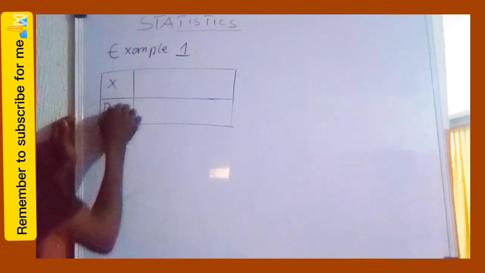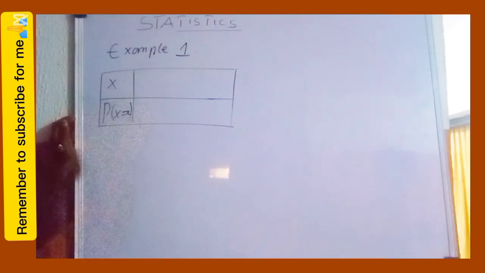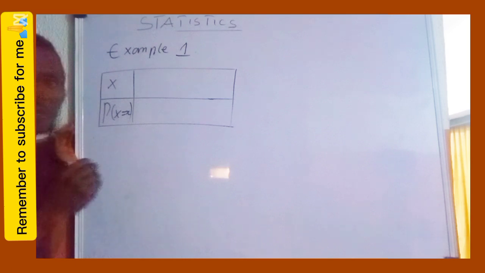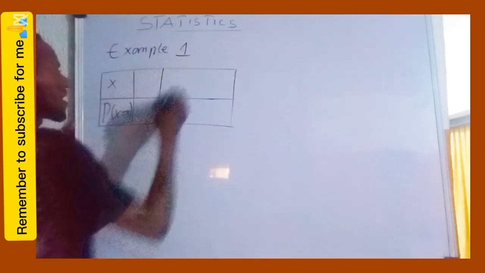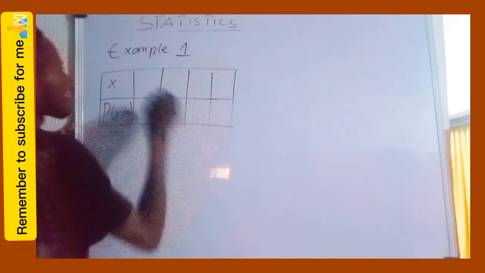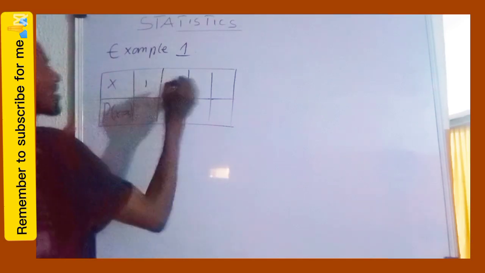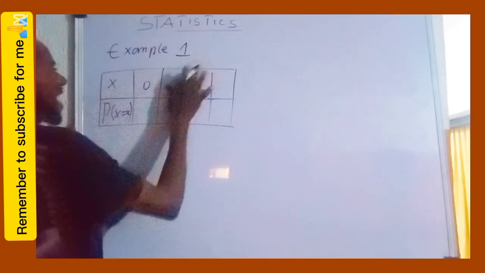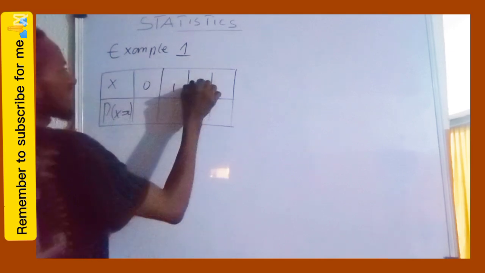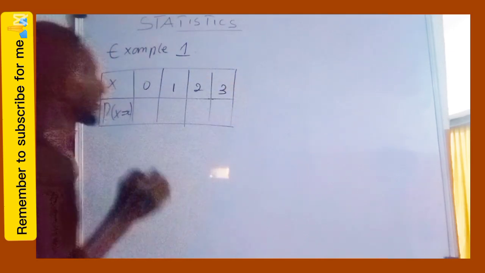This is my P of capital X being small x. So I have these values here. Here is my 0, here is my 1, here is my 2, and here is my 3.